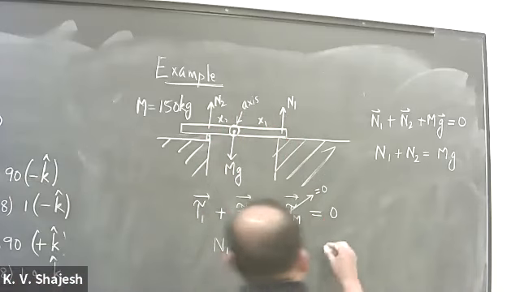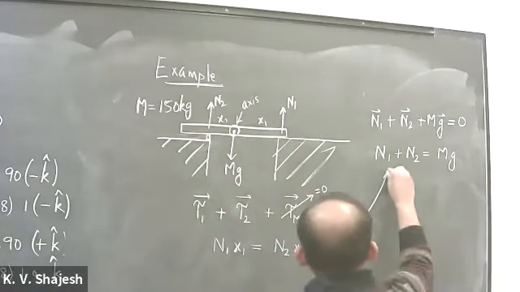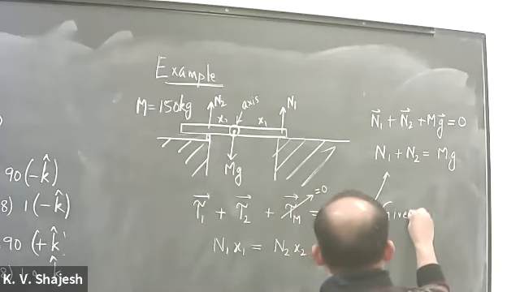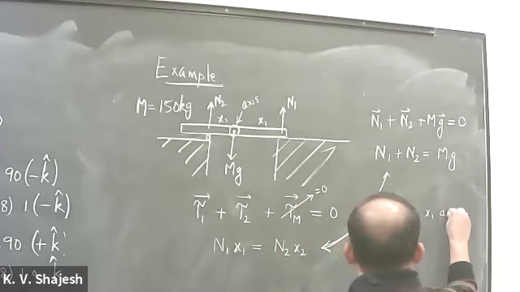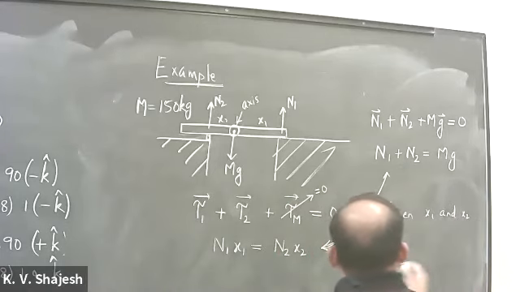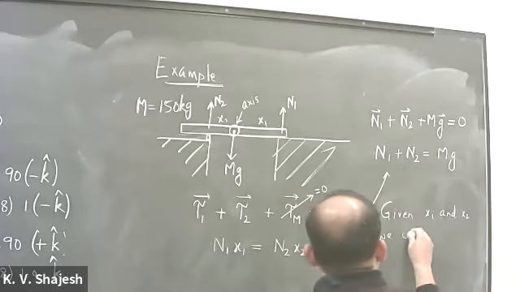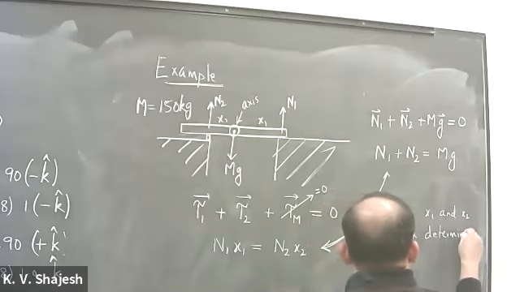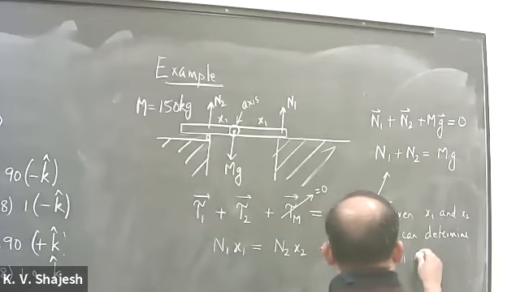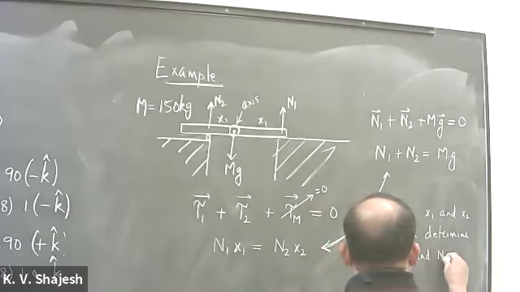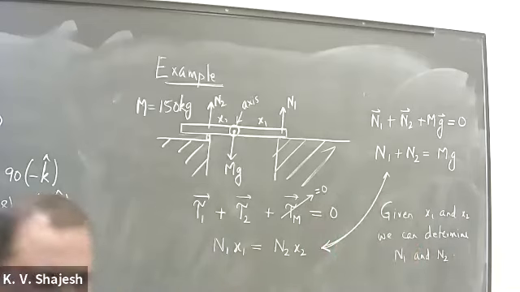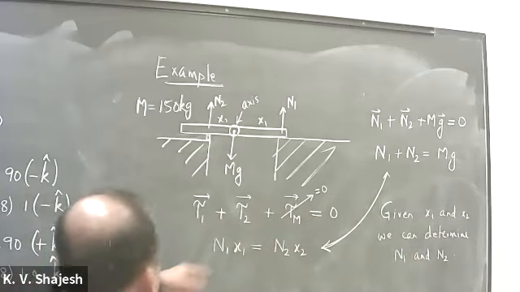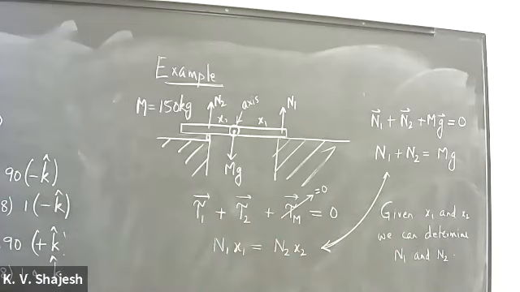So let me combine these two. And if you're given x1 and x2, we can determine N1 and N2. I'll elaborate on it when I'm making the solutions, but it's pretty much the same ideas. You just have to combine those equations.